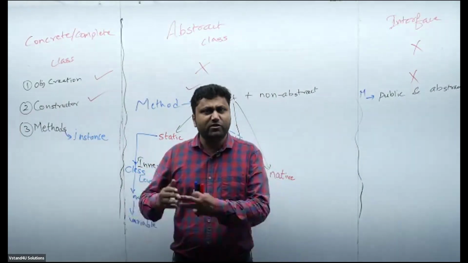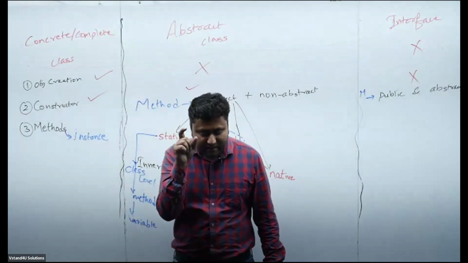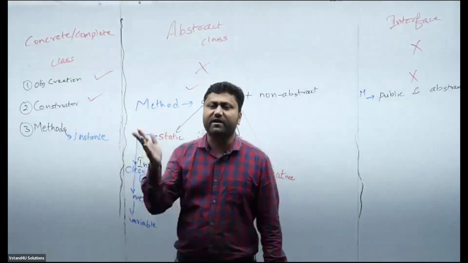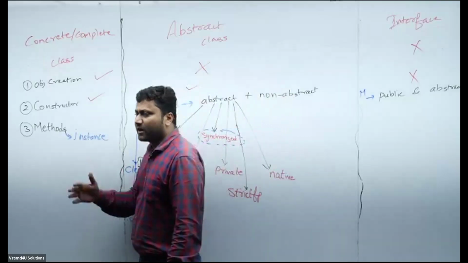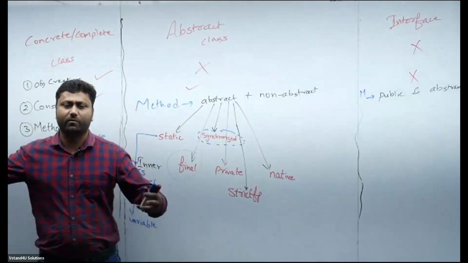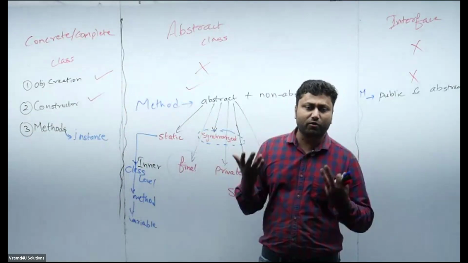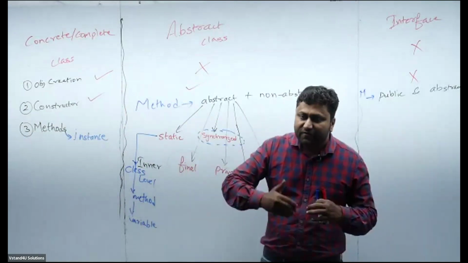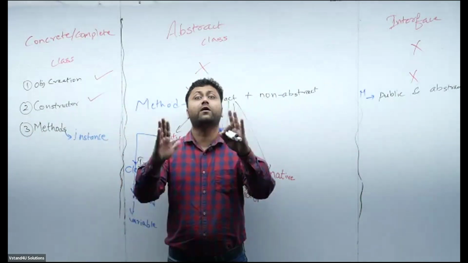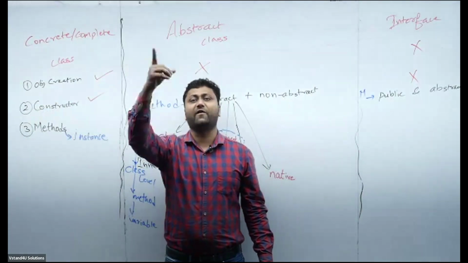In a few JVM implementations, for a particular calculation, the number of digits after the decimal is only 2, somewhere it is 4, somewhere it is 7 for float. Same for double, somewhere it is 12, somewhere 15, somewhere only 1. Different platforms have different numbers of digits after the decimal. But if I execute a program on different platforms and different numbers of digits come after the decimal, then accuracy is not there in the code. I want the same number of digits after the decimal everywhere, irrespective of the platform.